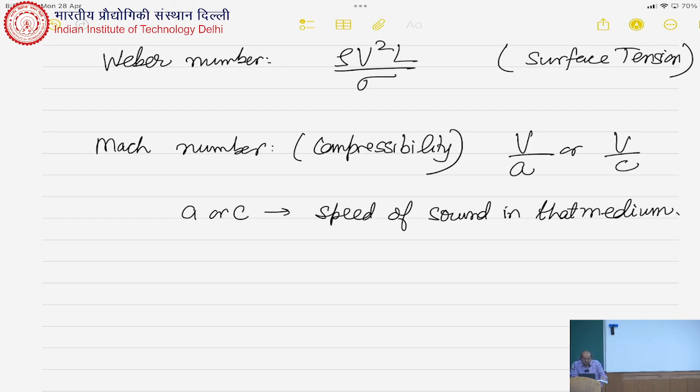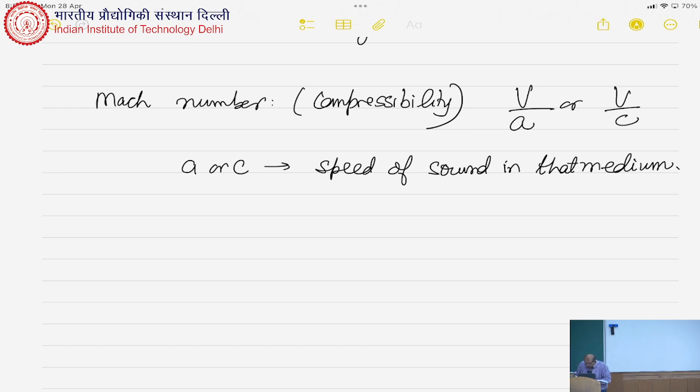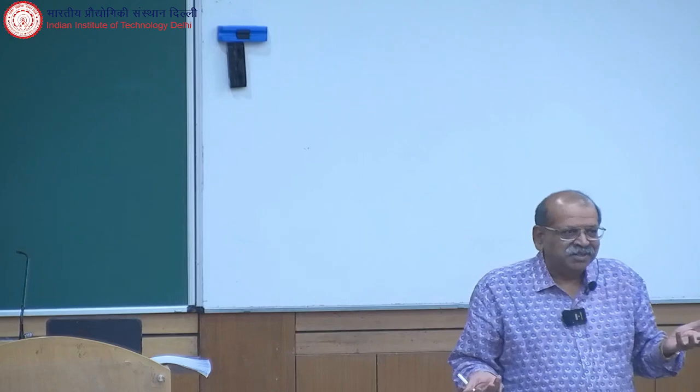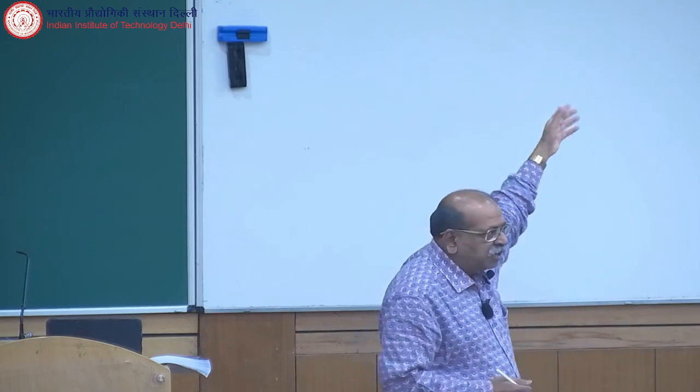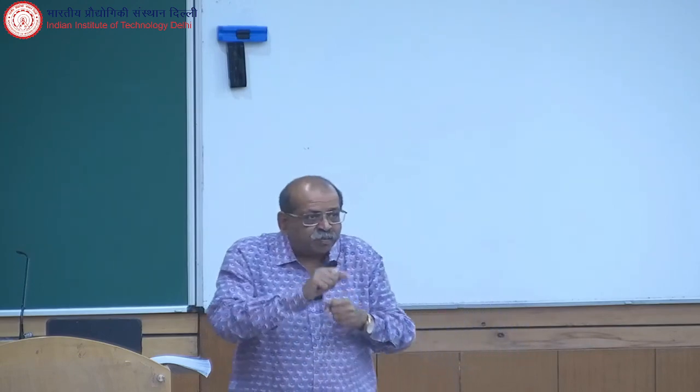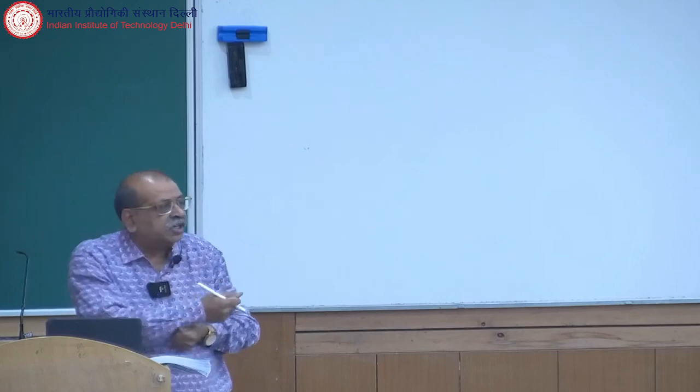Now, see how speed of sound comes in: how pressure changes with density is related to the speed of sound. So you may be thinking why speed of sound comes into the picture, because that tells you how pressure or density is changing with pressure.